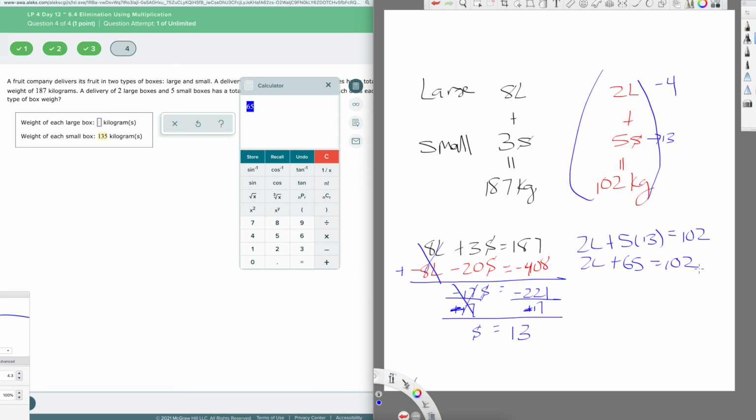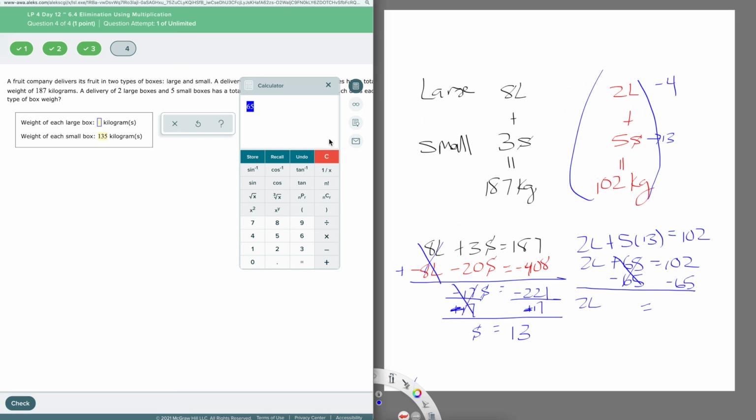Now I'm going to use my solving an equation rules. I'm going to look at what's being done to the L. I'm multiplying by 2 and adding 65. So I'm going to subtract first. I want to do addition and subtraction first. That usually helps us not have so many fractions or decimals. If we do it that way, 65 minus 65 cancels out, and we get 102 minus 65, which is 37.